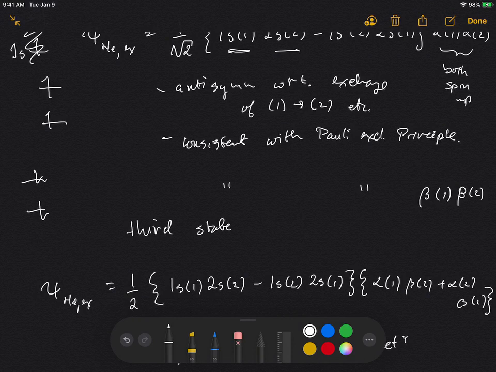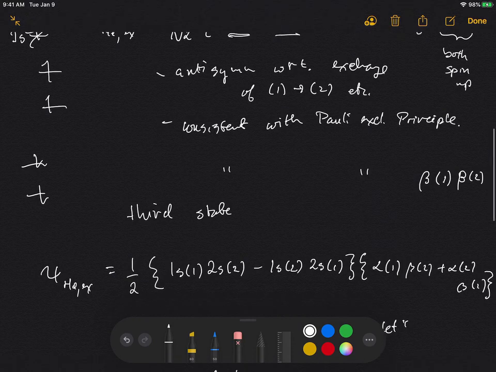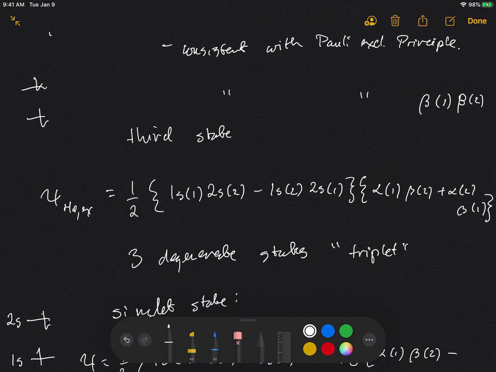Again, this isn't literally true, but there's some truth to it: the electrons tend to avoid each other in this spatially antisymmetric state. Since they are staying on opposite sides of the helium nucleus, there's going to be less electron-electron repulsion.